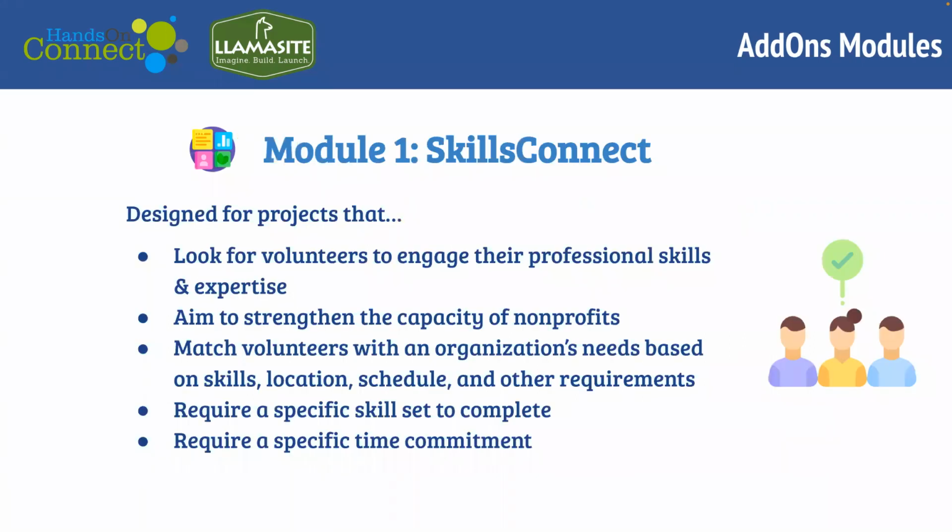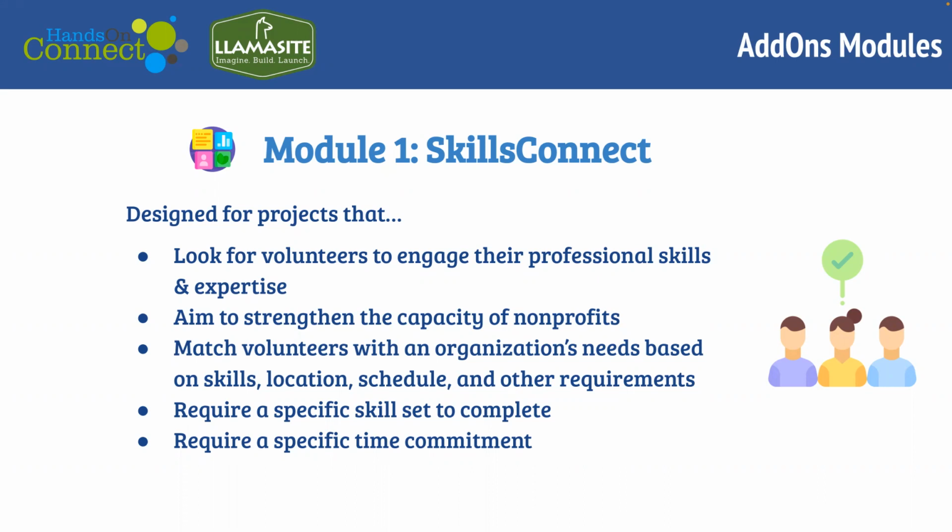So let's start with SkillsConnect. SkillsConnect is really designed for matching volunteers with organizations or organization projects, most likely organizations tending to be nonprofits. It's really looking to match them on their professional skills, engaging volunteers with professional skills and expertise in a way that they can help strengthen the capacity of nonprofits.